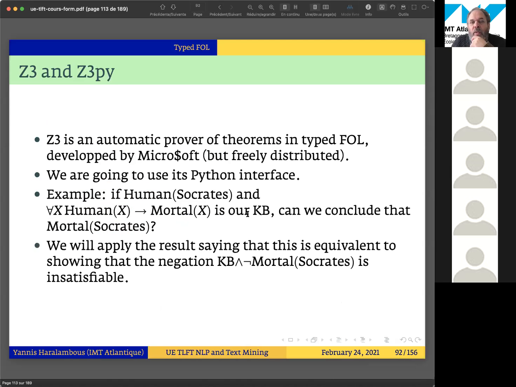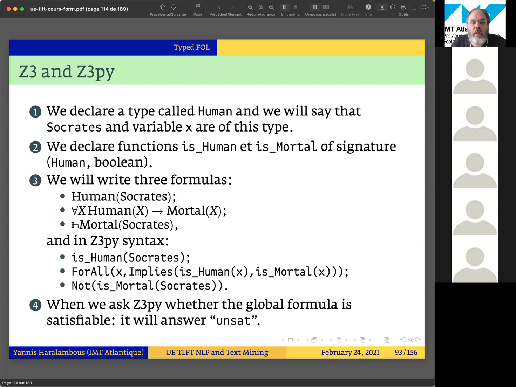Why negation? Because, remember, showing a consequence is equivalent to showing that the knowledge base and the negation of the query form a contradiction. So I'm taking the negation of my query: Socrates is not mortal. I'm writing this in Z3 Python syntax, which is not so different from the usual syntax. Is human Socrates.